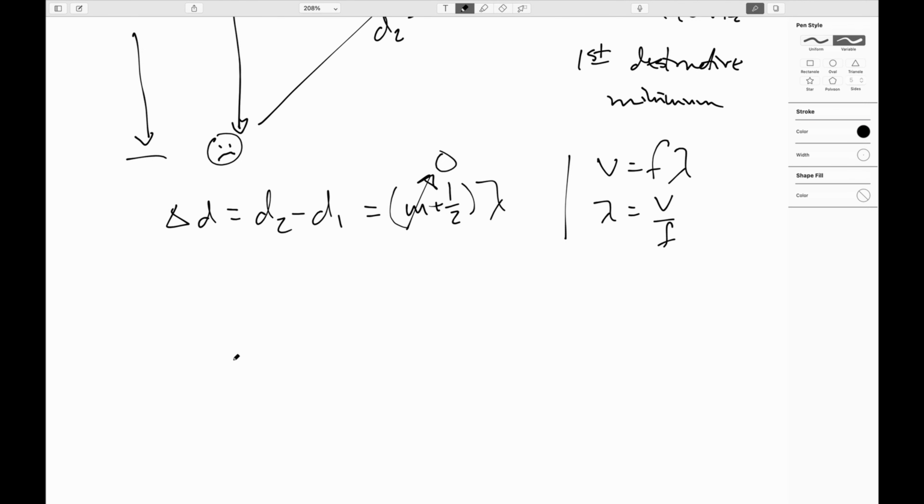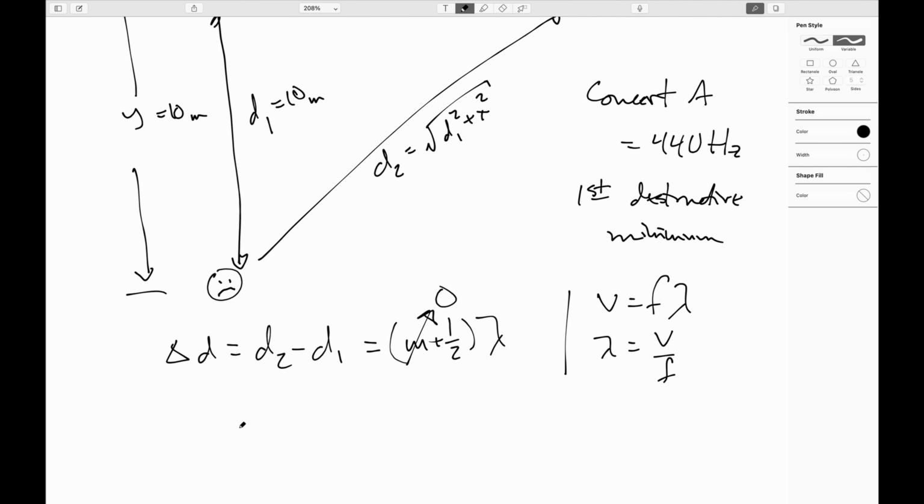All right, so following this thought through, D2 is the square root of D1 squared plus x squared, and we'll be subtracting our D1 here. And this will equal 1/2 our lambda, which we said was v over f. So that's going to work out to be v over 2f.